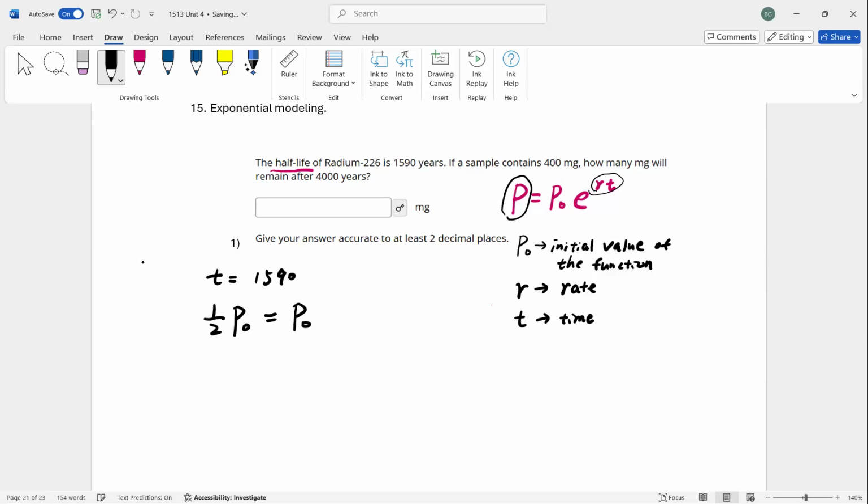P sub 0 is the initial weight of the substance, the initial value of the function. Right here, I had the exponential of P sub 0.